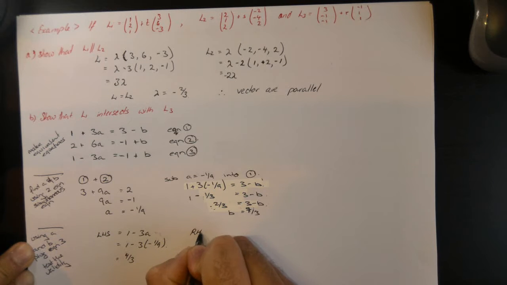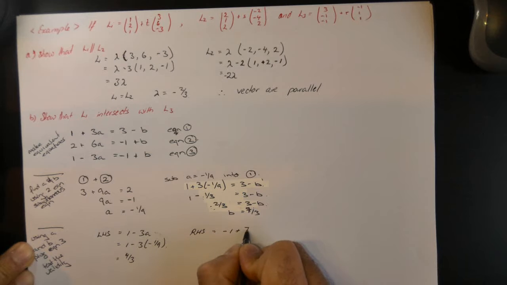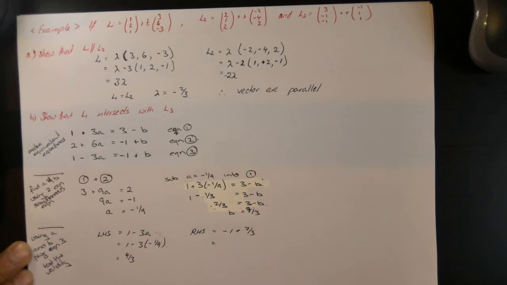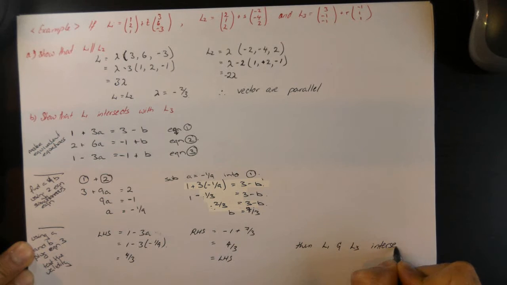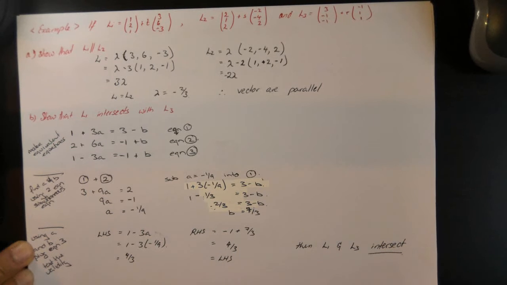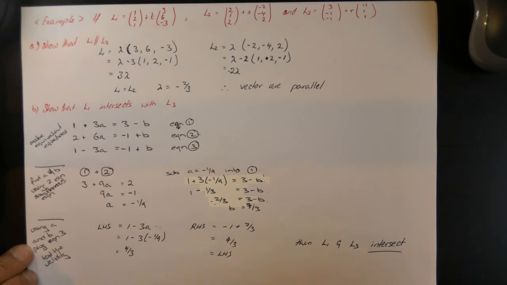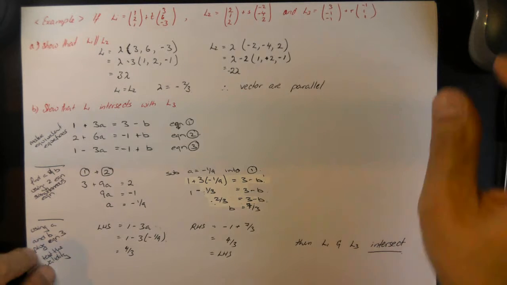The right-hand side, we get negative 1 plus 7/3. We also get 4/3. Because the right-hand side equals the left-hand side, line 1 and line 3 intersect. Okay, and that's how you test to see if lines intersect in 3D space.